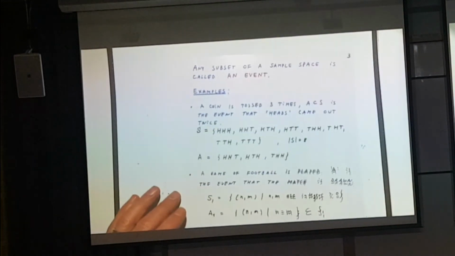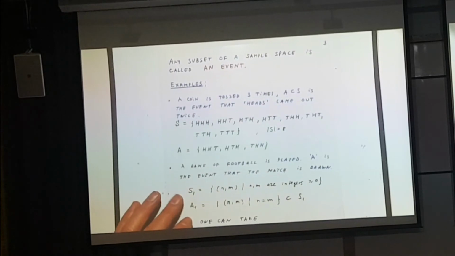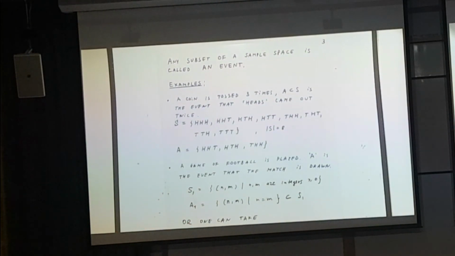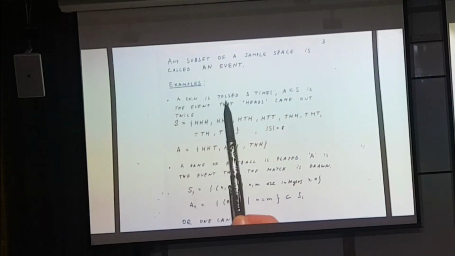Okay. So some more terminology. Any subset of a sample space is called an event. It's just probability theory terminology. So here are some examples of events. So let's consider the experiment in which a coin is flipped 3 times.